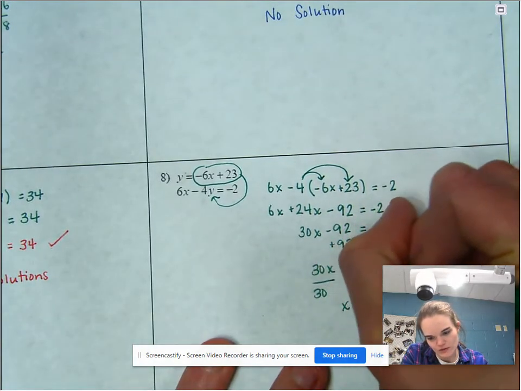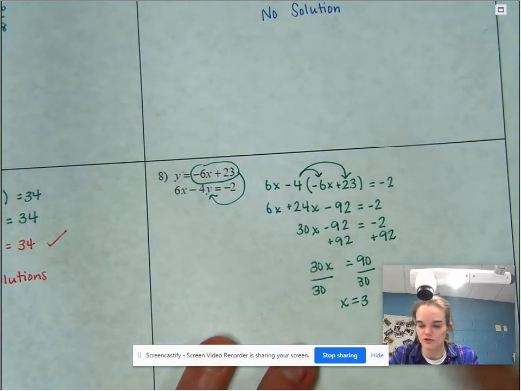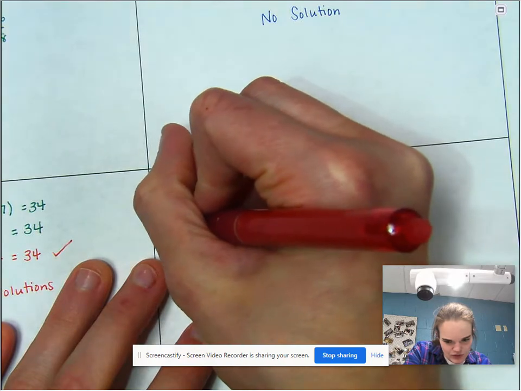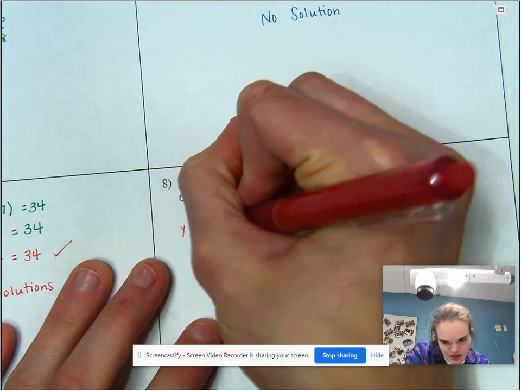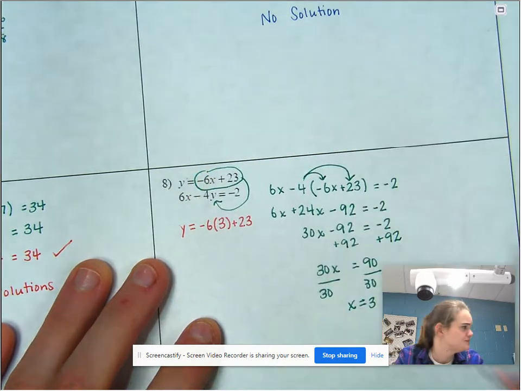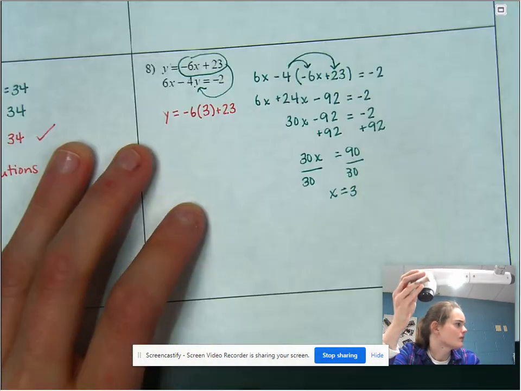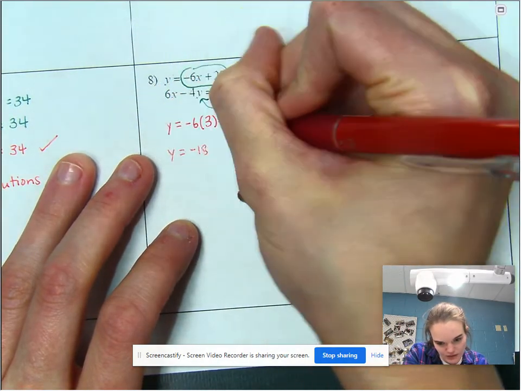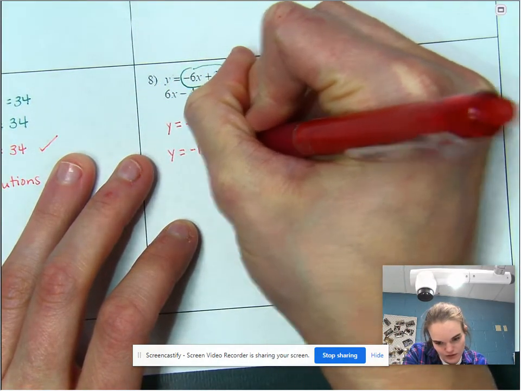X equals 3. And since I've got an x equals value, I'll plug it back in into y equals negative 6 times 3 plus 23. And that is y equals negative 18 plus 23.